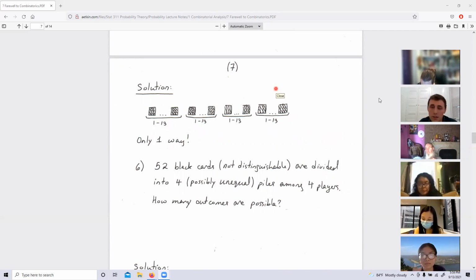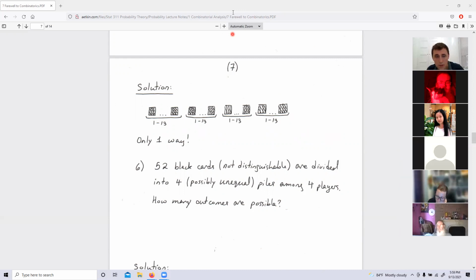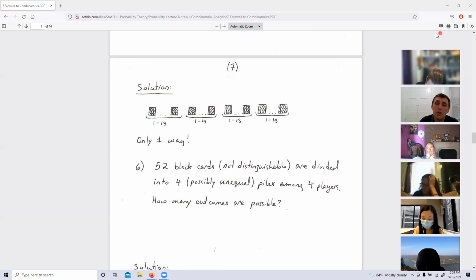Always, guys, always write a protocol, because so far I'm seeing answers that are incorrect. I think all the answers are incorrect. 52 cards divided among 4 players.